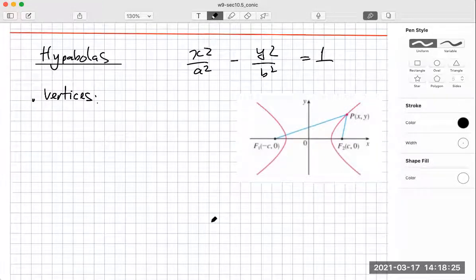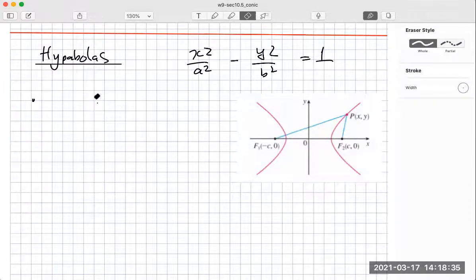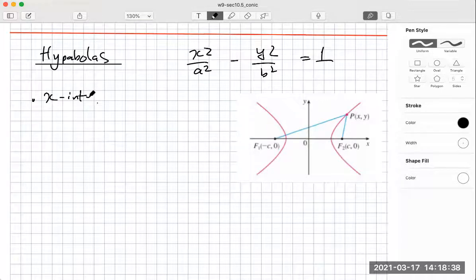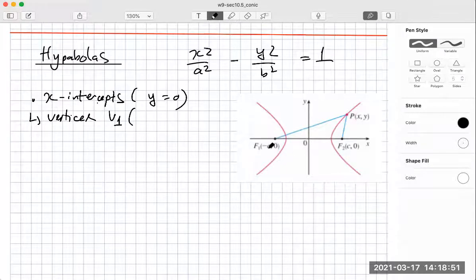Very good. So the information of this hyperbola we need to know is, first, the vertices, or the x-intercepts. It means that y is equal to 0. The first vertex, we call it V1, and the coordinate of this will be negative a, 0, and V2 is a, 0, right?